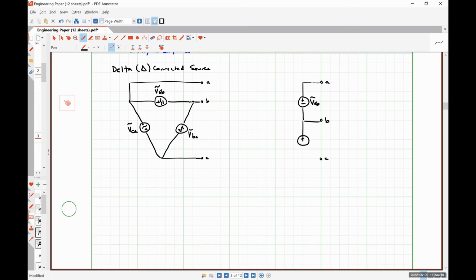Between my B and C terminals, I'm going to have my voltage VBC. And between my C and A terminals, I'm going to have my voltage VCA. So this is how I prefer to represent a delta connected source.